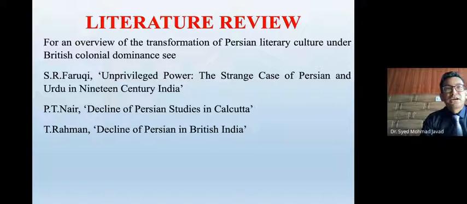Another one is P.T. Nair, Decline of Persian Studies in Calcutta, Indo-Iranica, 1999, and Dia Rahman, Decline of Persian in British India, South Asia, 1999. These books are also authentic sources of Indo-Persian contexts.